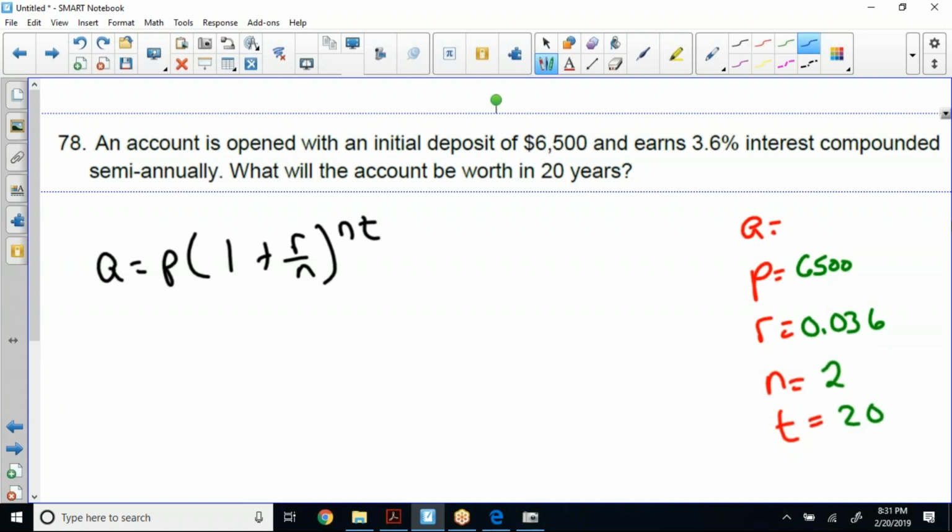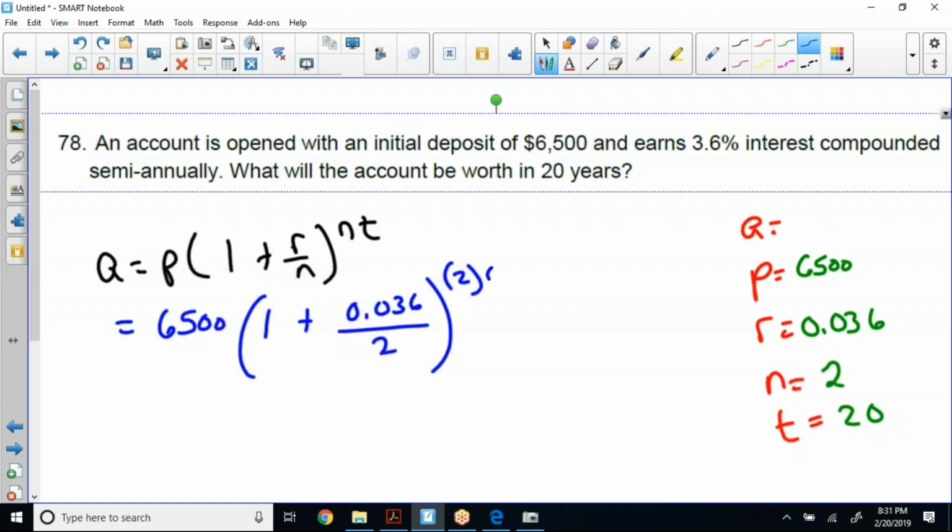Now I'm just substituting these things in. 6,500 times 1 plus 0.036 over 2, and then that's 2 times 20, which gives me 40, a power of 40.